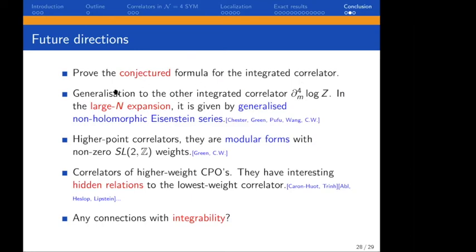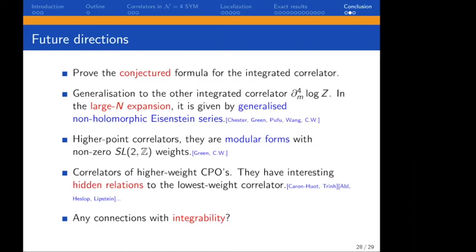The other clear direction is that we should try to generalize to other types of integrated correlators, in particular, let's say, the mass derivative of the partition function. I already said that in the large N expansion, the answer was known, at least for the first several orders, and the answer was given by so-called generalized non-holomorphic Eisenstein series.